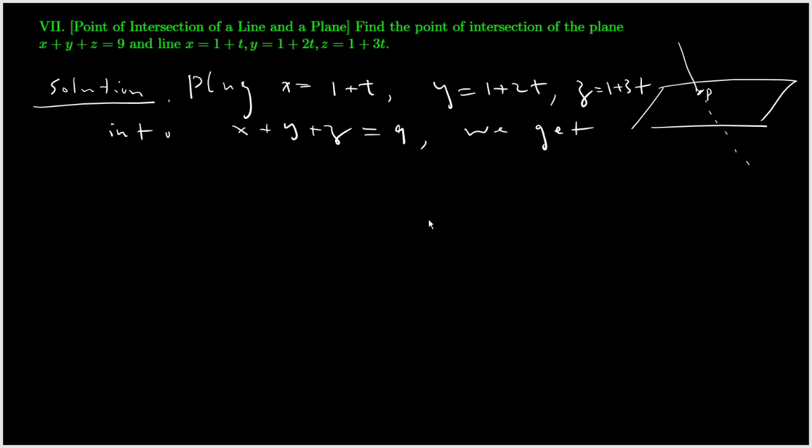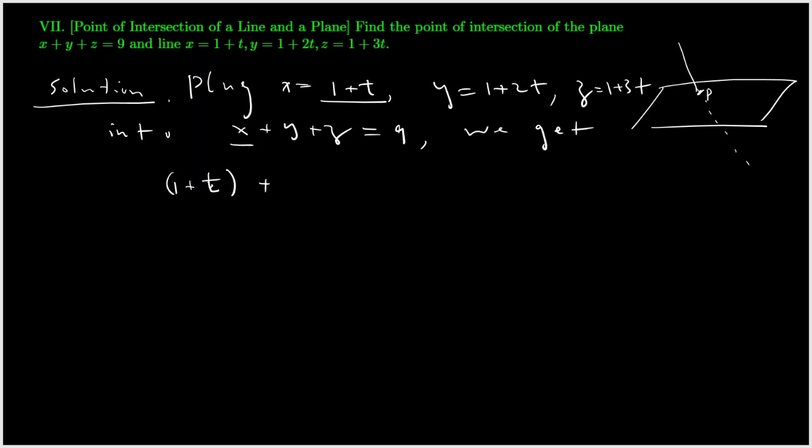Now let's say, you replace x with 1 plus t. This x is that x, right? 1 plus t. And then 1 plus 2t, I mean. Sorry. To make you see what's going on, I'm going to use some brackets.